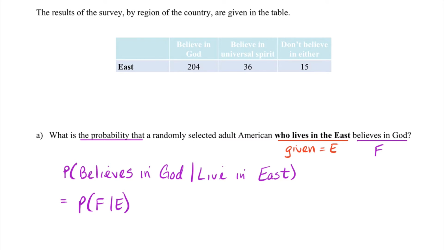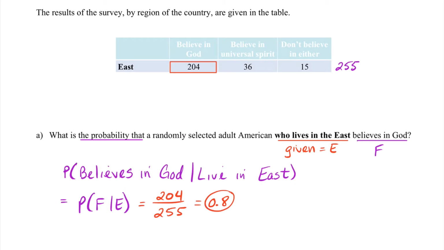Our original sample space had 1,017 adult Americans. Now, under the conditional probability, we are only considering 255 of these Americans, and to calculate our probability, we find out how many of those 255 Americans believe in God. We have 204 people who said they believe in God out of the 255 total, therefore our probability ends up being 0.8.